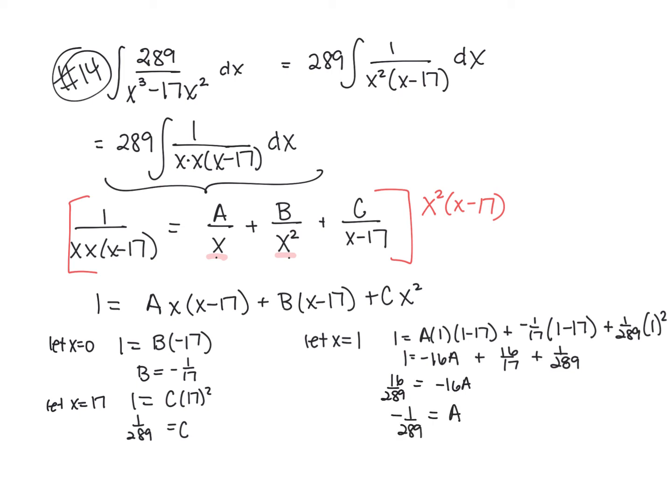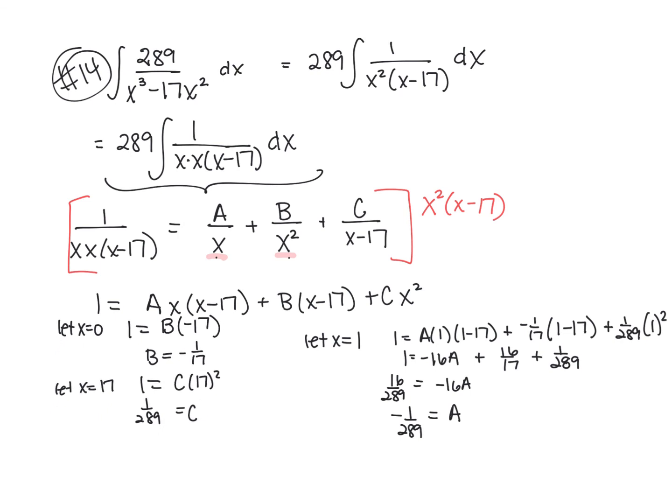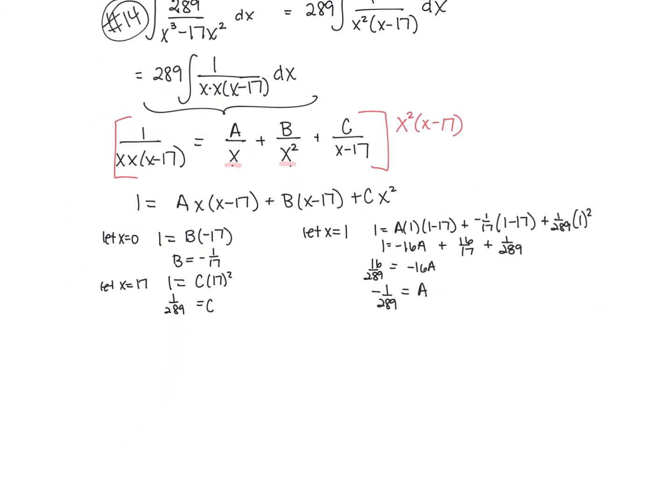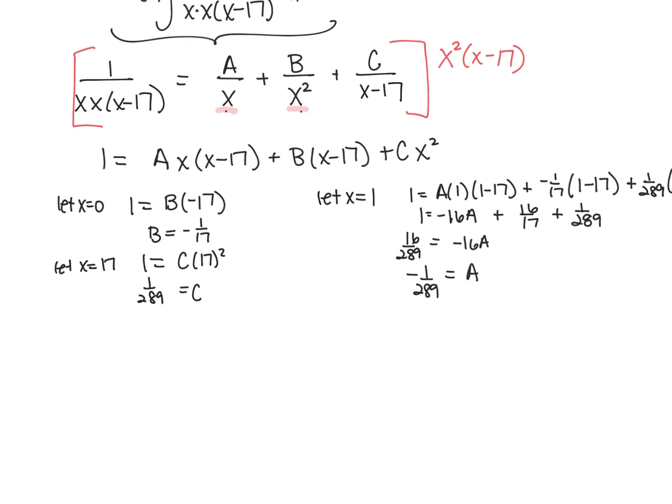Lovely, right? Okay, so none of these are grouped. Let's group those so I can make it smaller and scoot it up. Okay, so now I have the integral. What I will be doing for this particular problem is the integral of negative 1 over 289 over x.